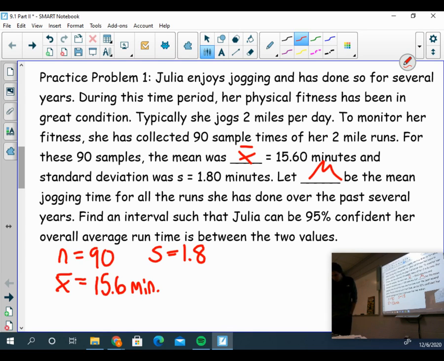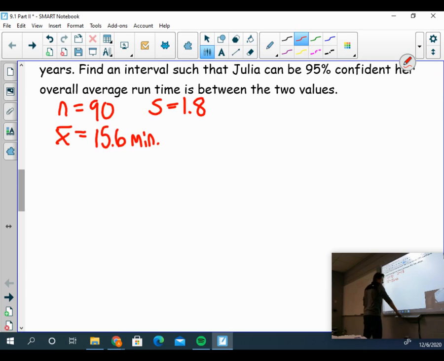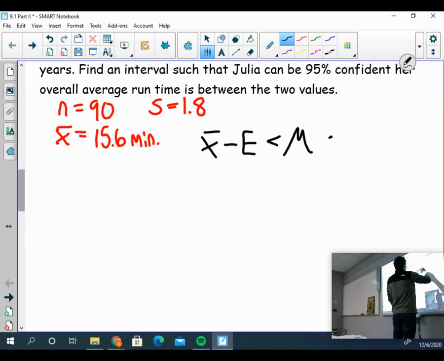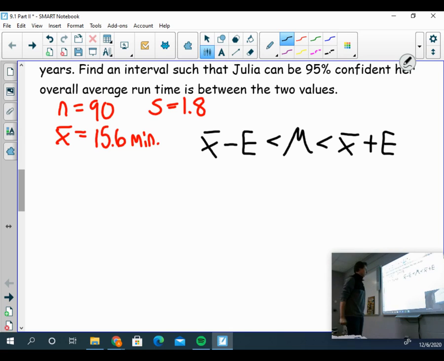Well, we have identified our sample size, our sample mean, and our sample standard deviation. And we know our formula for confidence intervals is x̄ minus the error is less than the population mean is less than x̄ plus the error. That's going to create our interval.